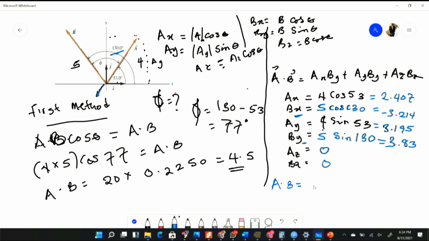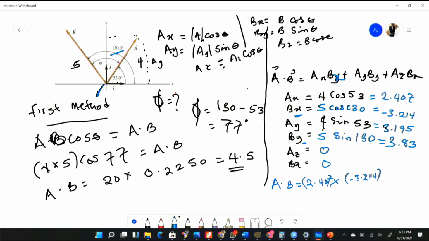So for that reason, we can then substitute that into our expression. Our AX is 2.407, multiplied by our BX. Sorry, this is BX. And our BX is minus 3.214.